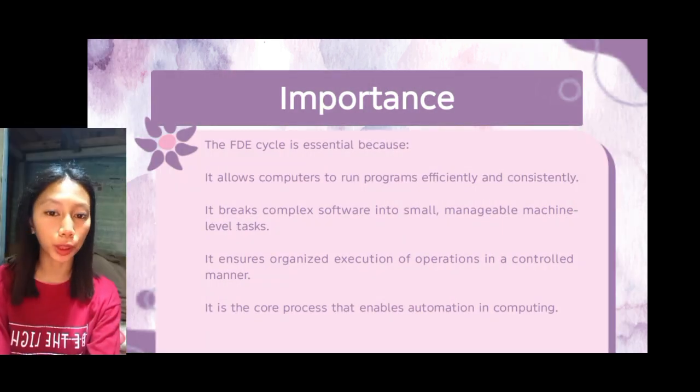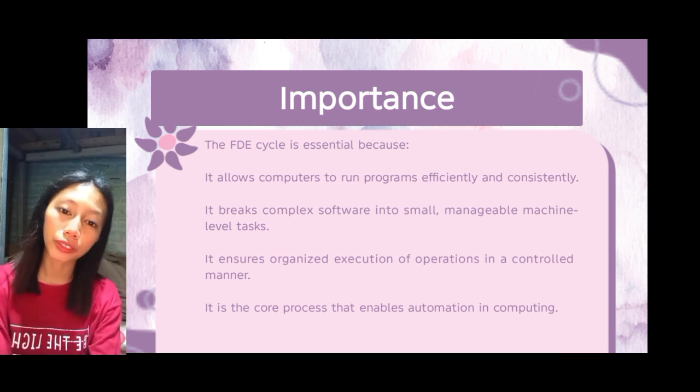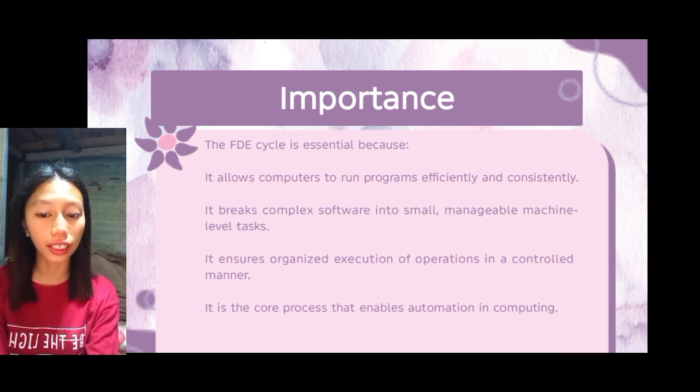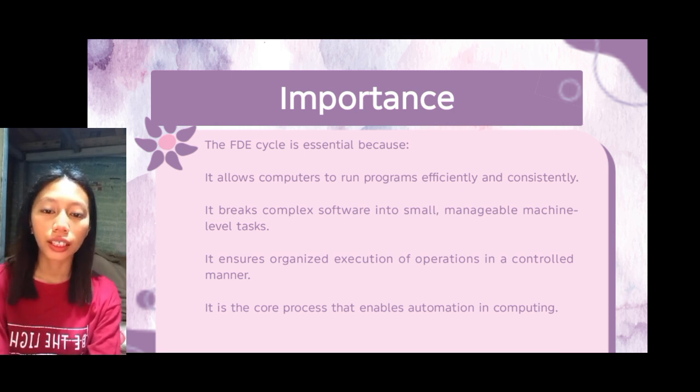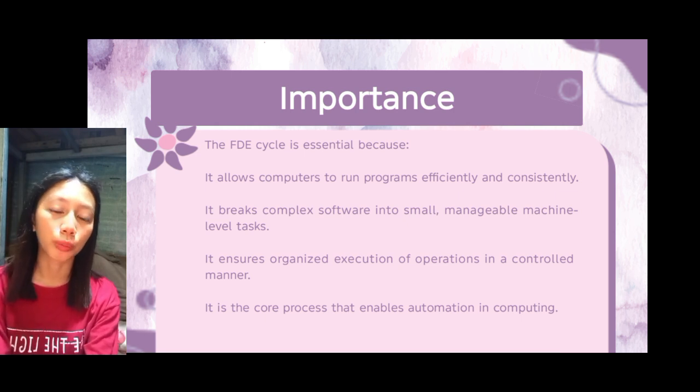Next is the importance of the FDE cycle. It allows computers to run programs efficiently and consistently. It breaks complex software into small, manageable, machine-level tasks. It ensures organized execution of operations in a controlled manner. And it is the core process that enables automation in computing.